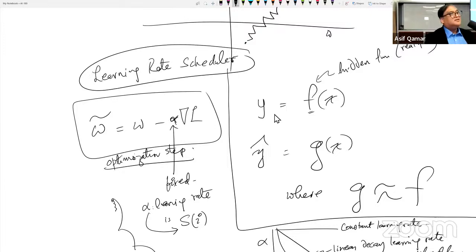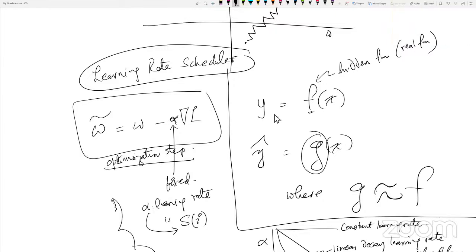When you have data, some real function produced it, right? You'll never find that out. All you will do is find G, which is a very good approximation to F. Remember, we said in the lab. Yeah, that G, we find it because the neural network is going to find it for us, or do we need to assume it's going to be like a polynomial function and then fine-tune it? No. You will never know.